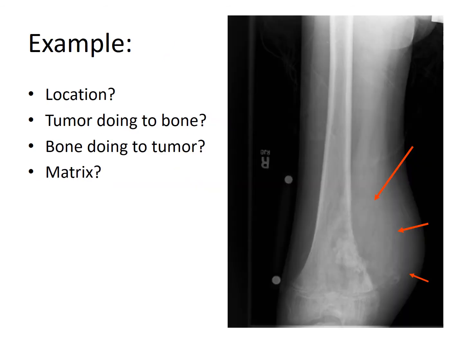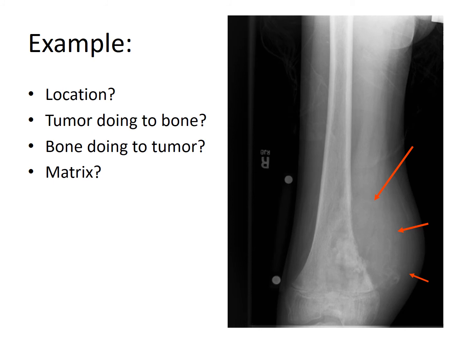Here's an example. If we say, what's the location? Well, this lesion is metaphyseal. It's in a skeletally immature patient, which becomes important. What's the tumor doing to the bone, and what's the bone doing to the tumor? Well, the red arrows show you a very large soft tissue mass moving outside of the bone. But if you look at what the bone is doing, the bone is not responding in an extraordinary fashion.